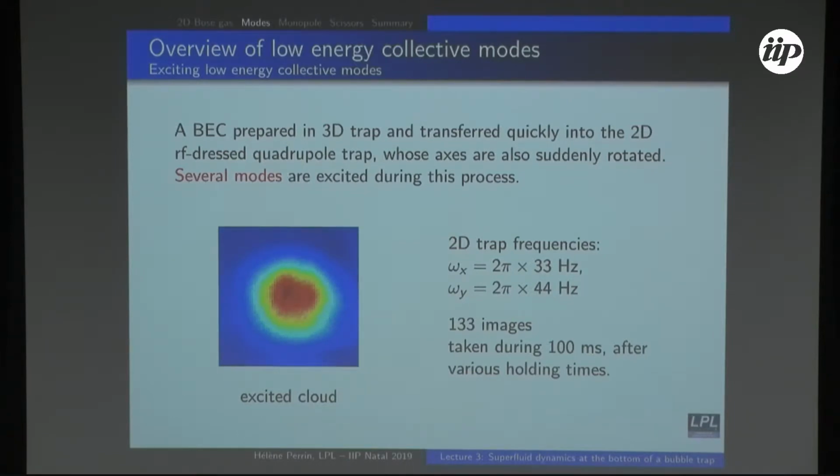So we always do the same excitation procedure, and then we take pictures at different times by repeating the experiment each time, because the way we excite is deterministic. We get a lot of images during a typical time of 100 milliseconds, and then we have to analyze that and work out which modes are excited in this picture.